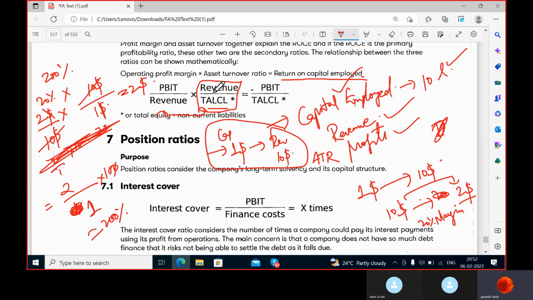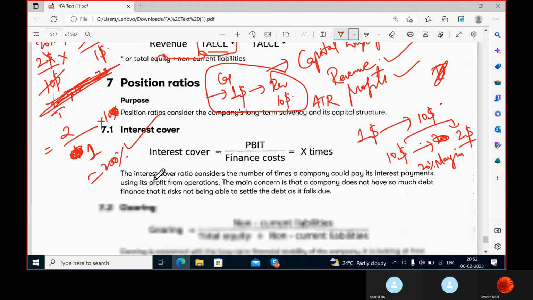And for revenue by capital employed, I invested $1 of capital and generated $10 of revenue. So 20% into 10 is 200%. And on the RHS, PBIT is $2 and capital employed is $1 into 100, so it is 200%. We can find it in this way even.